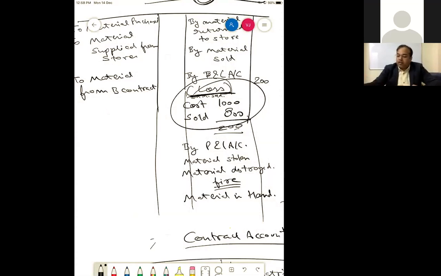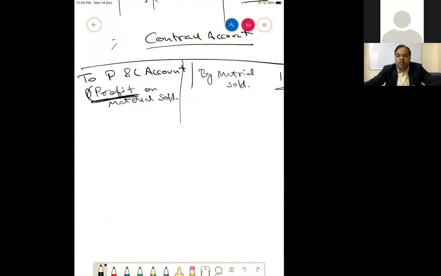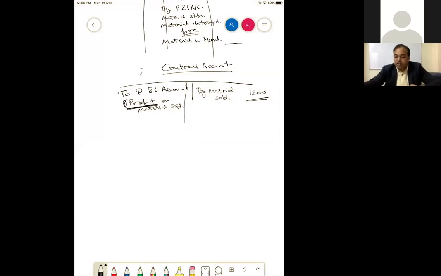Then during the contract, some other items also you would be seeing. Like I told you, on your left hand side you write whatever expenses have been incurred, like your material, if you purchase the material. Similarly, if you pay any wages, that also you show on your left hand side. So let us make it more clear.